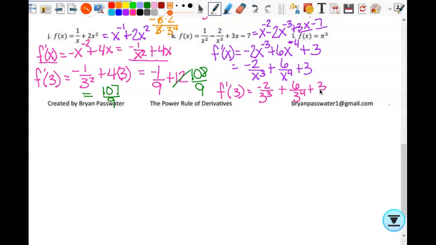Not whatever that value is, just literally 3 to the 4th. Okay? So when I do that, that means if this is going to become 3 to the 4th, I have to multiply by 3 over 3. Yes? So I get negative 6 over 3 to the 4th plus 6 over 3 to the 4th. Do I even care about the last part being a fraction? No. If I just put plus 3, what happens with these two? They zero out, and my answer is 3.